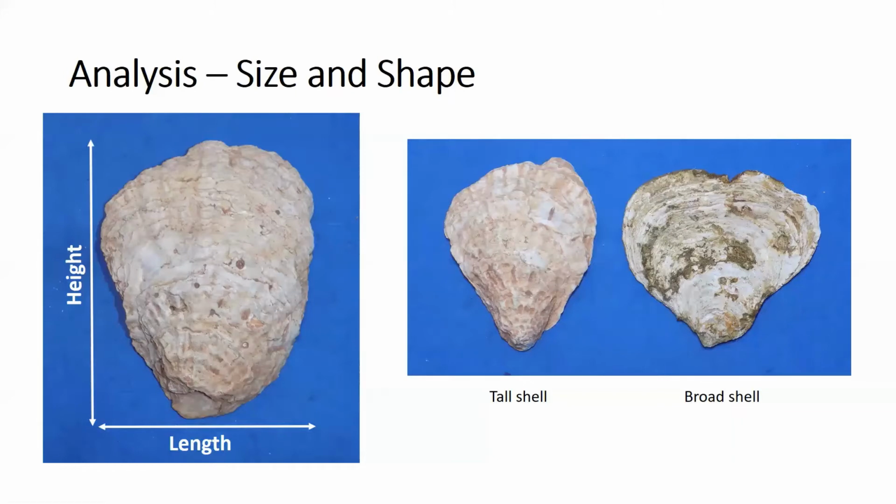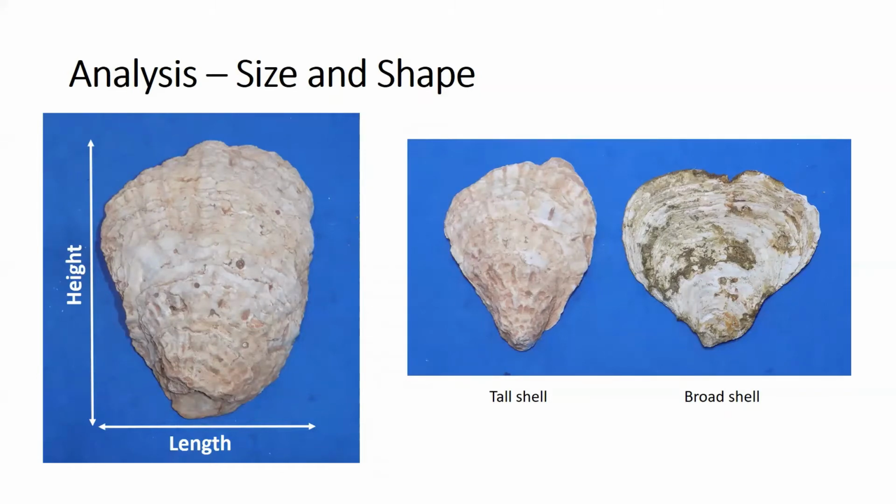And these tend to be an adaptation to deeper water where the oyster needs a large surface area to stop it sinking into the sediment, but the water currents tend to be stronger. So it wants the shell to be streamlined in order to resist the water currents. However, if the shell is growing in shallower water, it tends to be that the sediment, the mud of the river or river estuary or seabed that it's growing in tends to be softer, and therefore there's a danger of the shell sinking into the sediment.